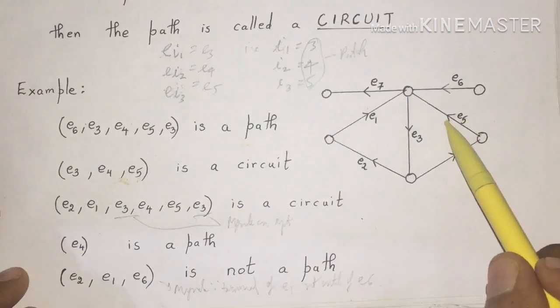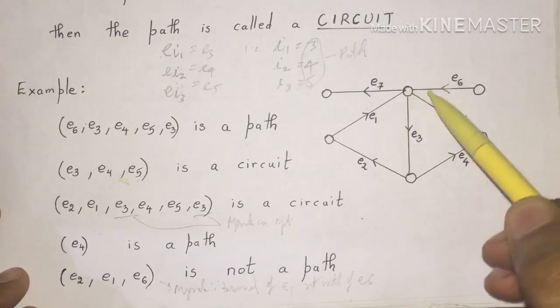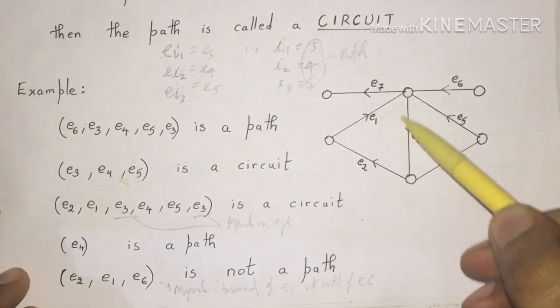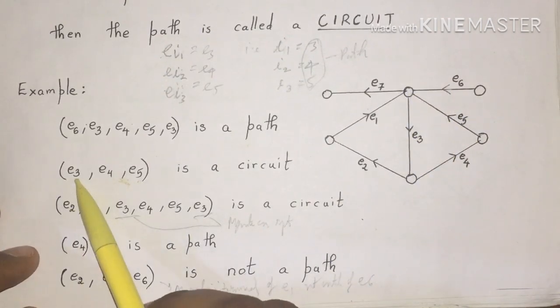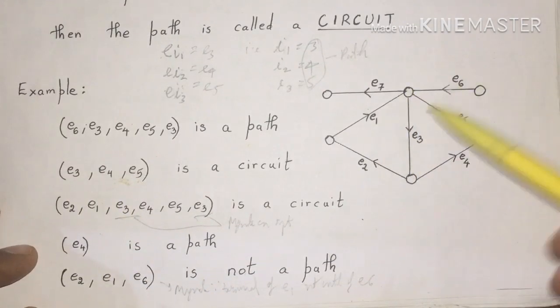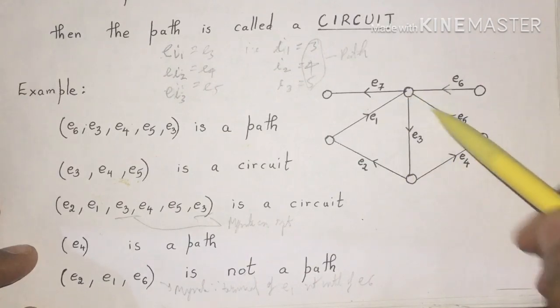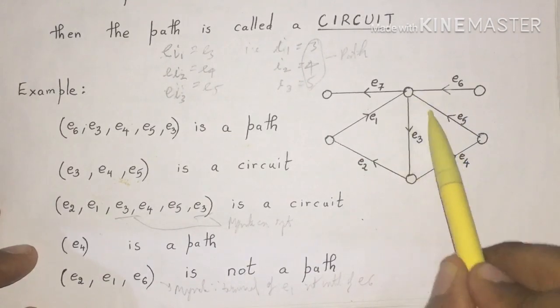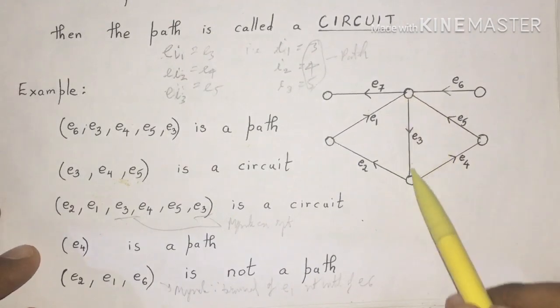So it's a sequence of edges where the terminal vertex of the first edge is same as the initial vertex of the next, and that continues. E3, E4, E5, E3, E4, E5. So you notice the first condition is satisfied, the terminal vertex is equal to the initial vertex, and also the terminal vertex of the last edge is same as the initial vertex of the first.